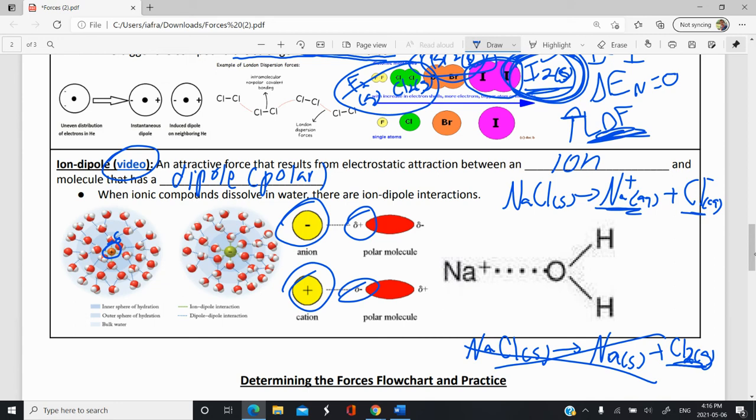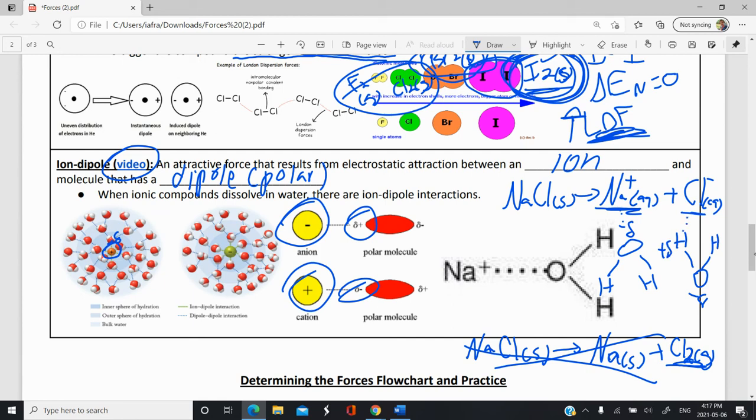The water is just separating the ions and surrounding them because they're forming ion dipole interactions. So the partial negative oxygen will be attracted to the positive sodium ion, and then the partial positive hydrogen would be attracted to the negative chloride ion, the full ion there.